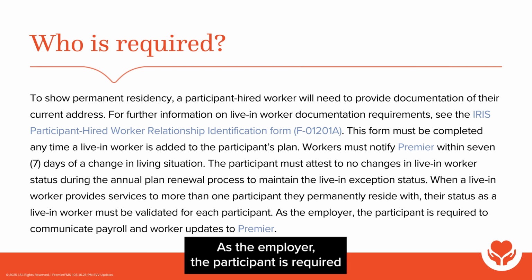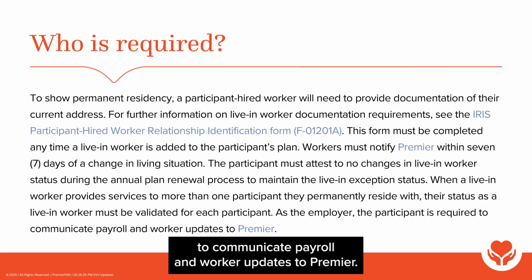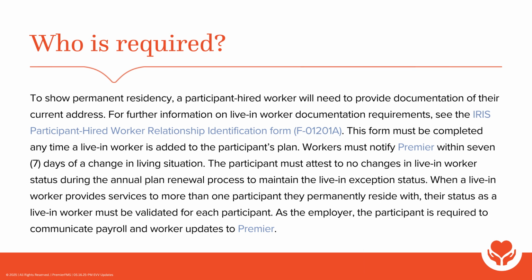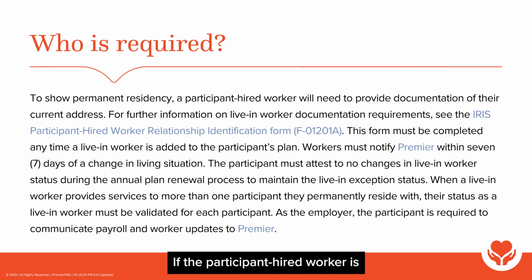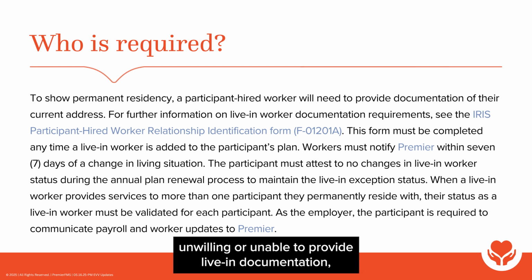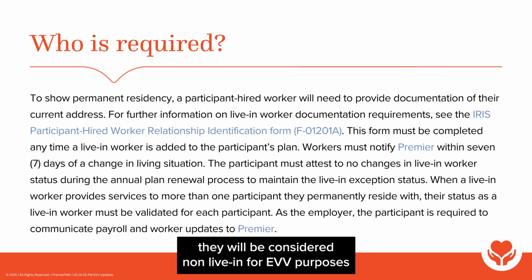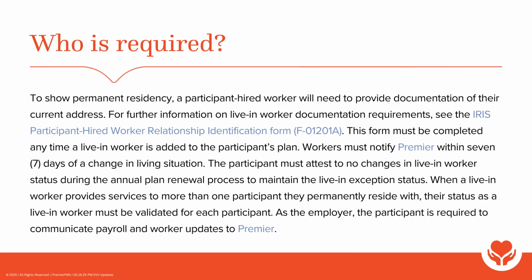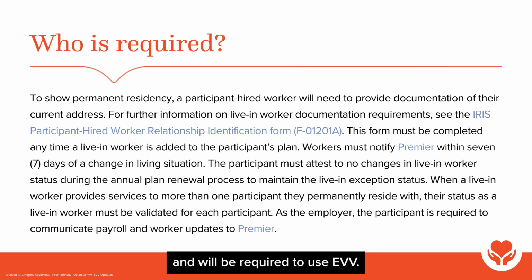As the employer, the participant is required to communicate payroll and worker updates to Premier. If the participant hired worker is unwilling or unable to provide live-in documentation, they will be considered non-live-in for EVV purposes and will be required to use EVV.